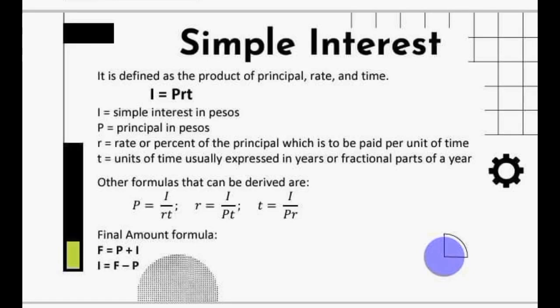So let's start. Simple interest. Simple interest is defined as the product of principal, rate, and time. I equals PRT.